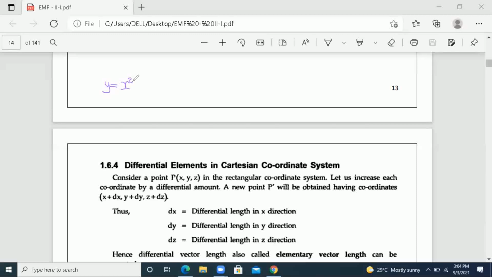Sir, 2x. Oh, you get that? Sir, because you multiply by the current power, and then you reduce the power by 1. That's what you say? Yes, sir.